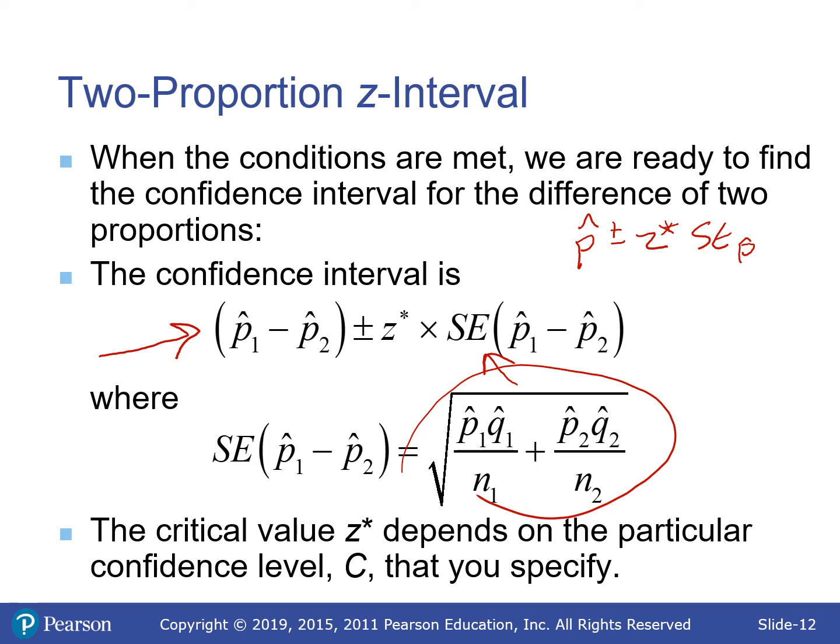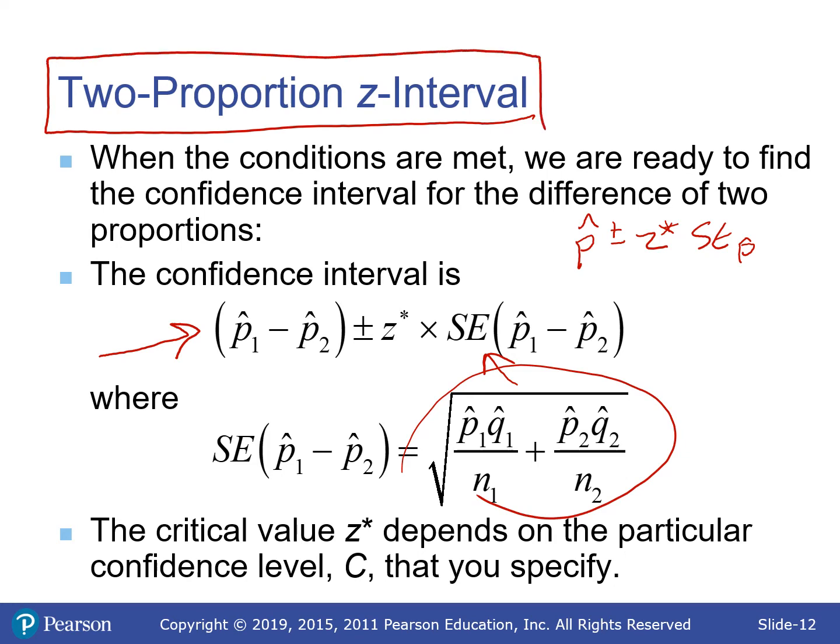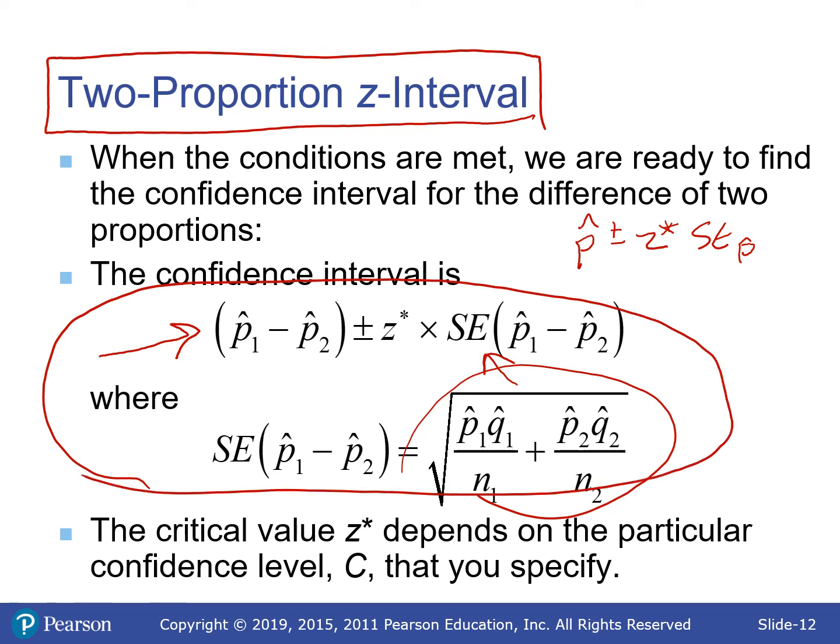Personally, hey, I need to do a 2 proportion z interval. I'm going to write down that, not this, just because it's a lot easier. Also, remember a couple slides ago, I told you don't do this by hand. Use your calculator. It's because of stuff like this.